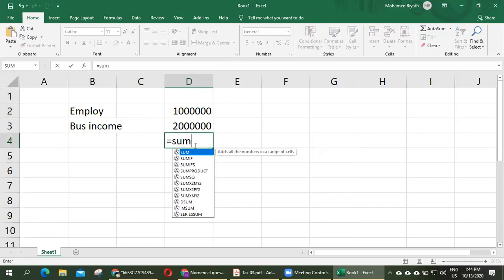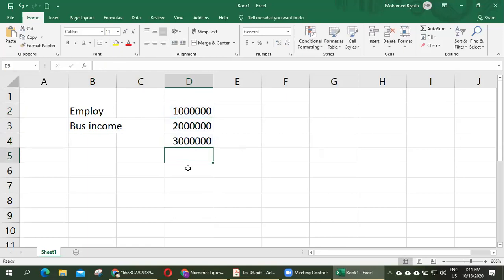Total sum, 3 million. Assume that tax is at 25%. How much tax to pay? 3 million into 25%. So tax payable is 750,000. Assume that now he is facing a loss.